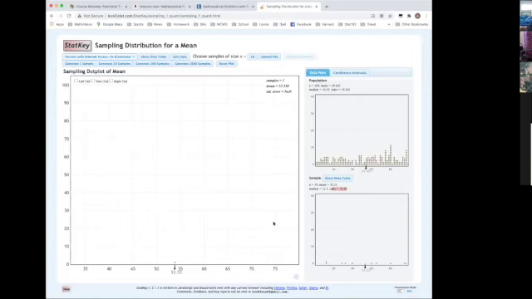That's the standard deviation. So the variance would be the standard deviation squared, whatever that comes out to be. What do we get for that?